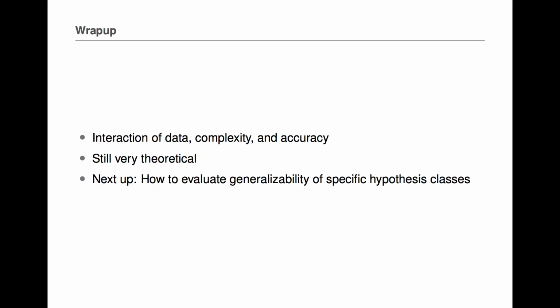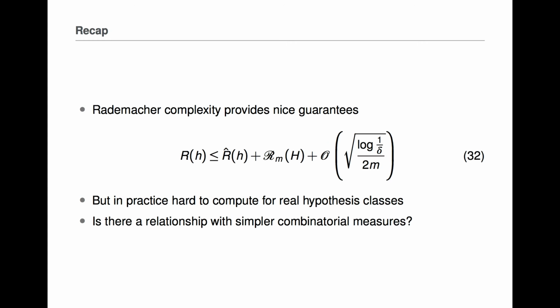Next up, we're going to try to see how the error bounds that we developed using Rademacher complexity can actually be applied to classifier setups and hypothesis classes that we actually care about. So here are some nice guarantees if we know the Rademacher complexity for a hypothesis.